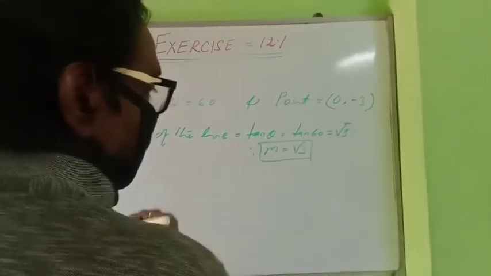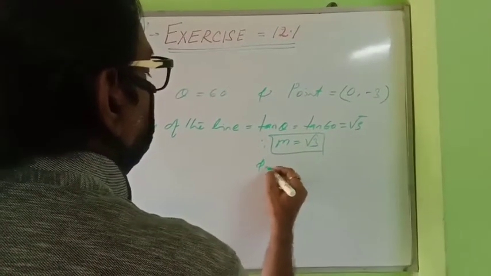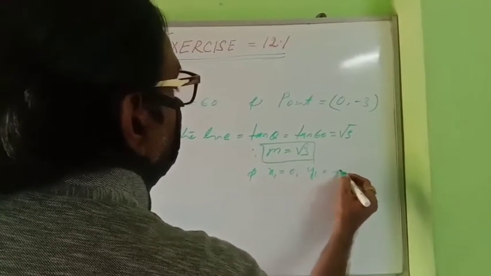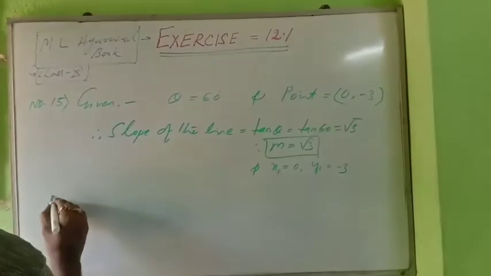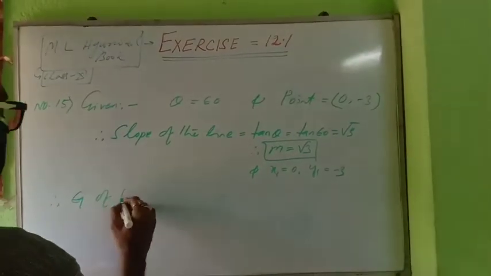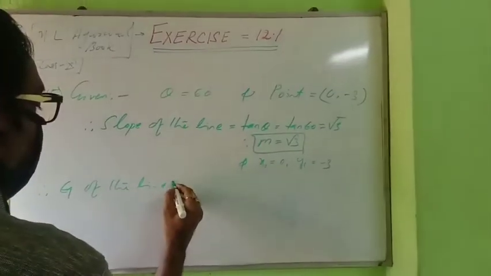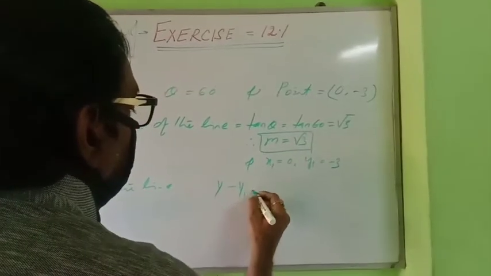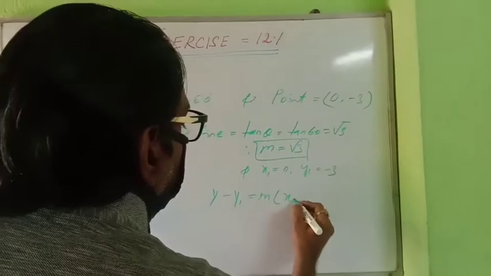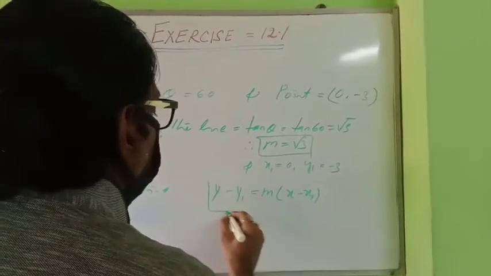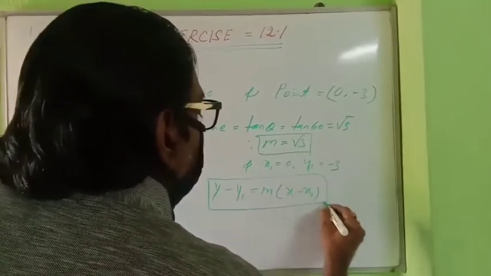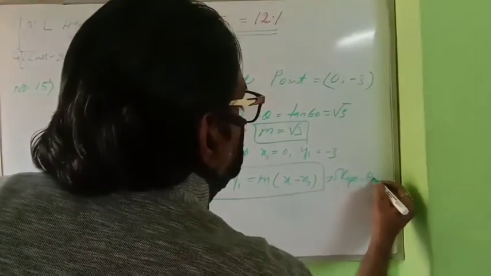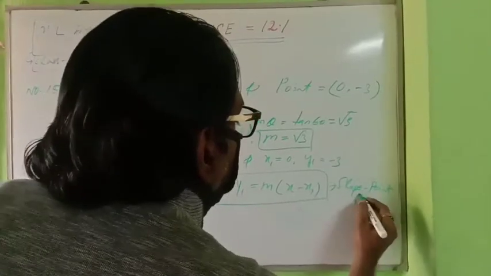And one point is given. x1 equals 0, y1 equals minus 3. Therefore, the equation of the line will be, the formula is y minus y1 = m(x minus x1), using the slope-point form, because the slope and one point are given.